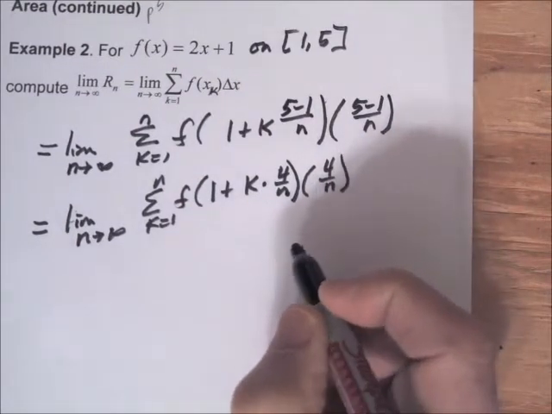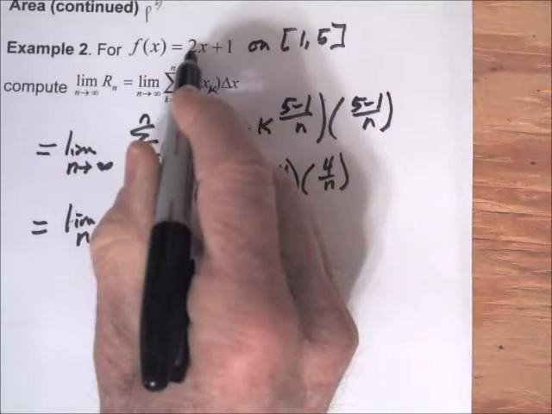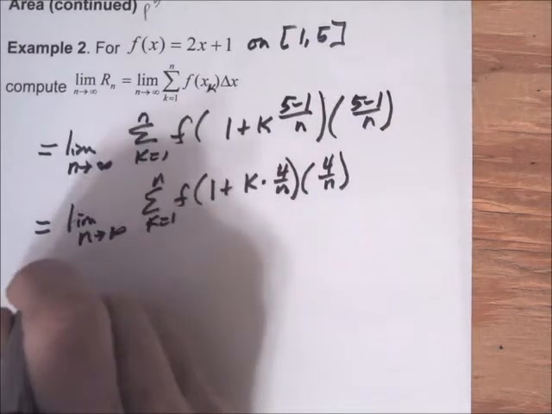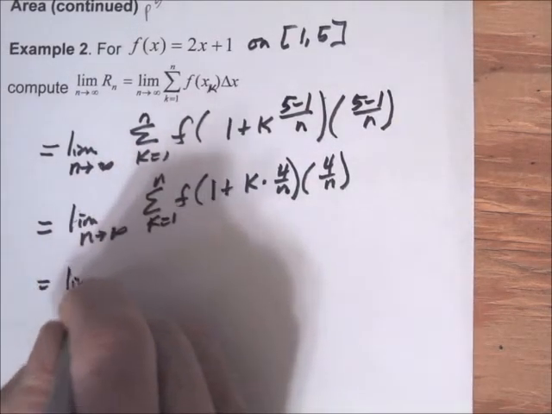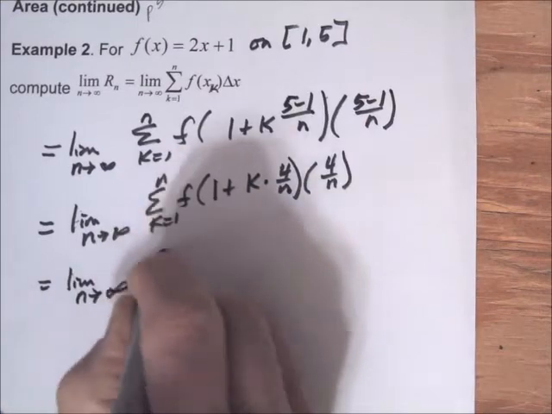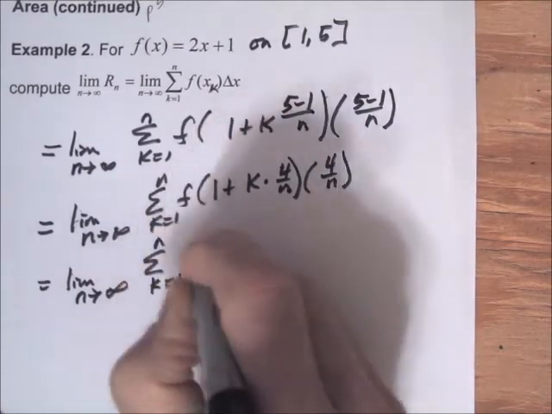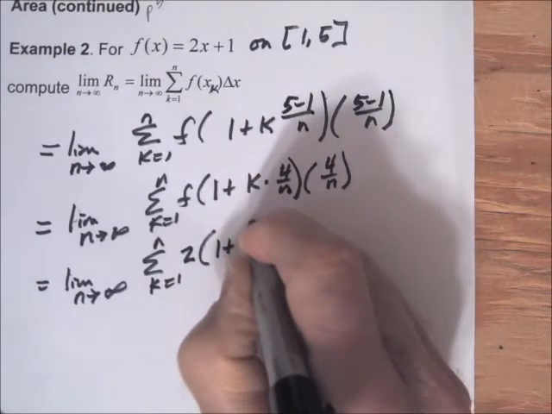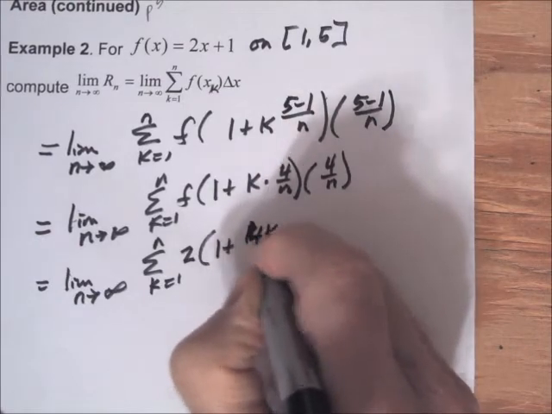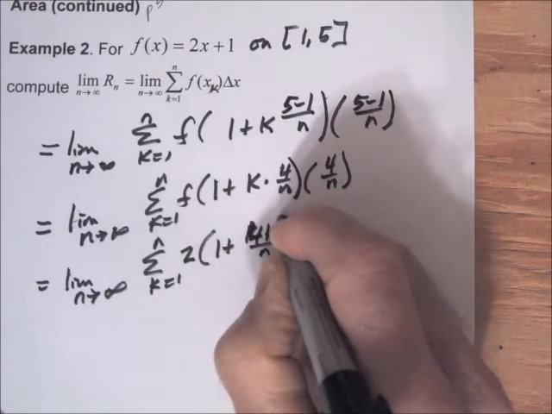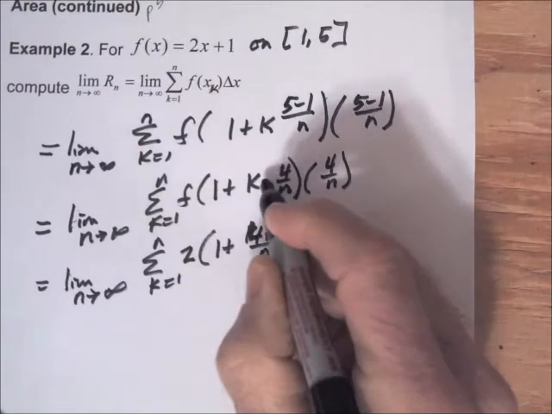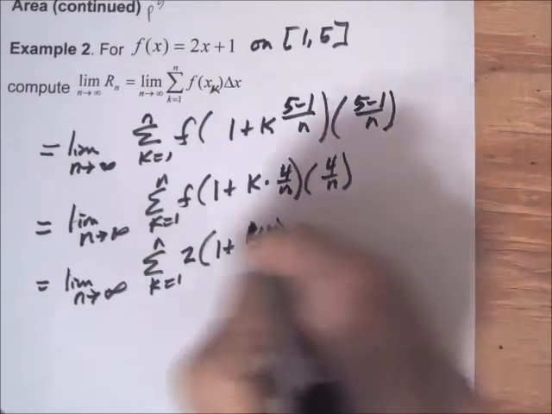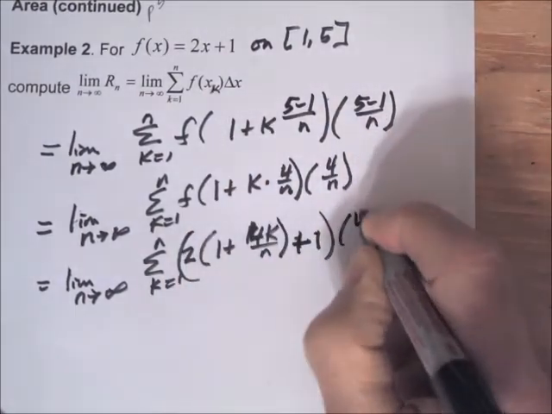Okay, so then we can plug into the formula for f of x. Well, f of x is 2x plus 1, so it's going to be 2 times this whole expression plus 1. So this is the limit as n goes to infinity, summation k equals 1 to n of 2 times (1 plus 4k over n) plus 1, and then the whole thing times 4 over n.